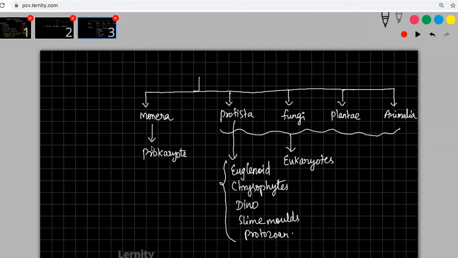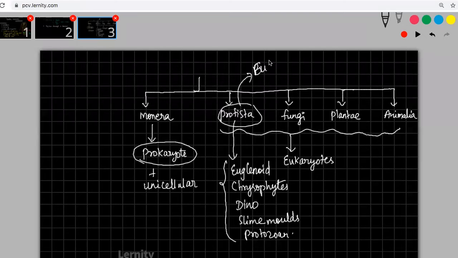What is the difference between all these things? Monera is completely prokaryote and unicellular. Protista is eukaryote plus unicellular. All these three are eukaryotes plus multicellular.